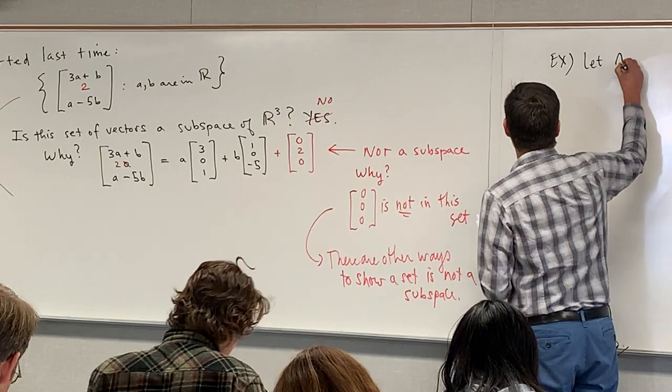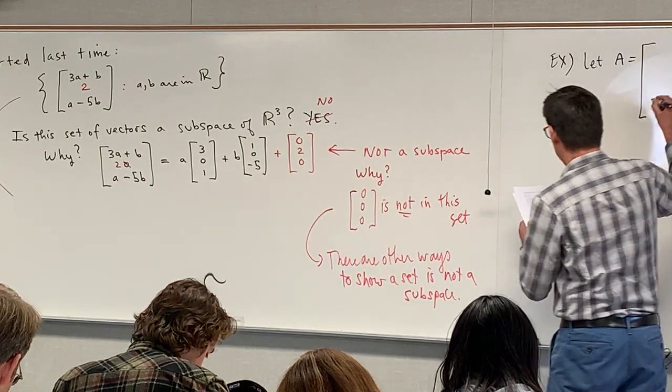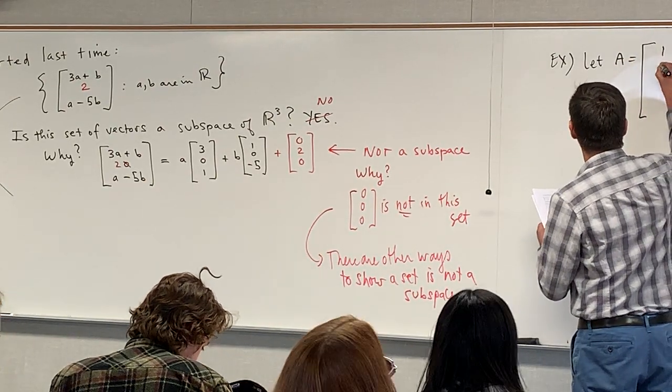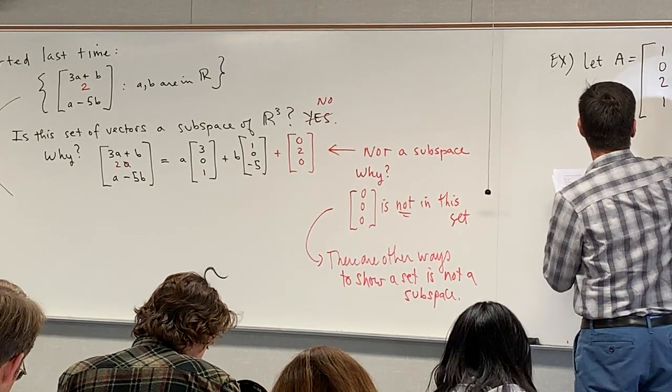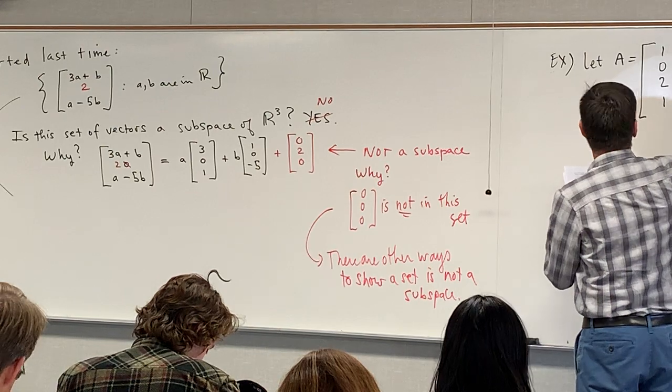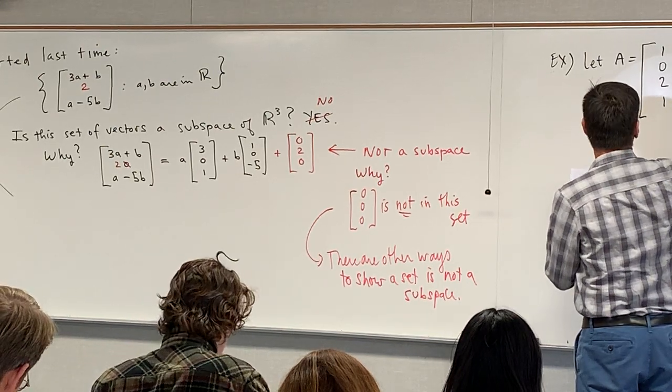Let A be the following matrix: a column 1, 0, 2, 1, 2, 0, 4, 2, 1, 3, negative 1, 0.